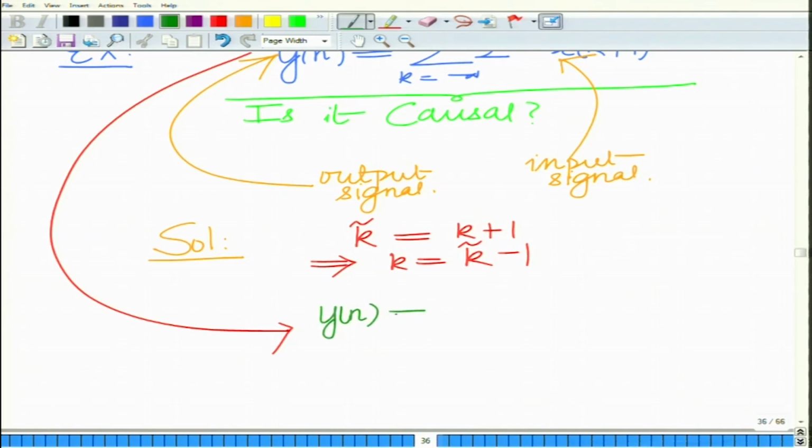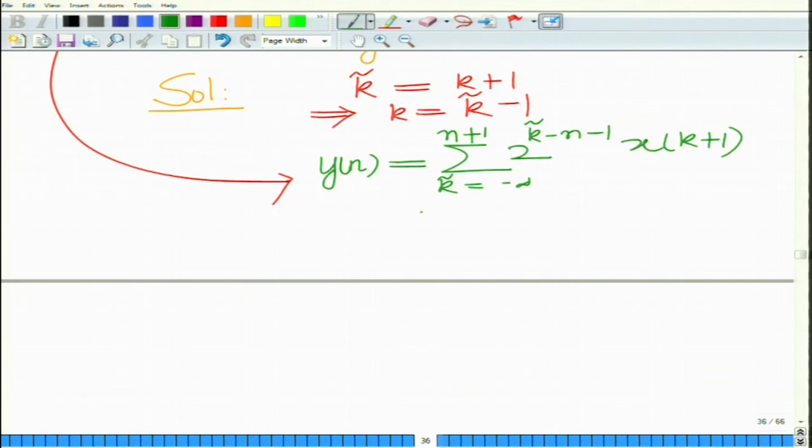This can be equivalently written as y[n] equals the summation, k tilde equals minus infinity, that is, the lower limit remains minus infinity. The upper limit becomes, since k goes up to n and k tilde equals k plus 1, n plus 1. 2 raised to k minus n becomes 2 raised to k tilde minus n minus 1, times x of k tilde.